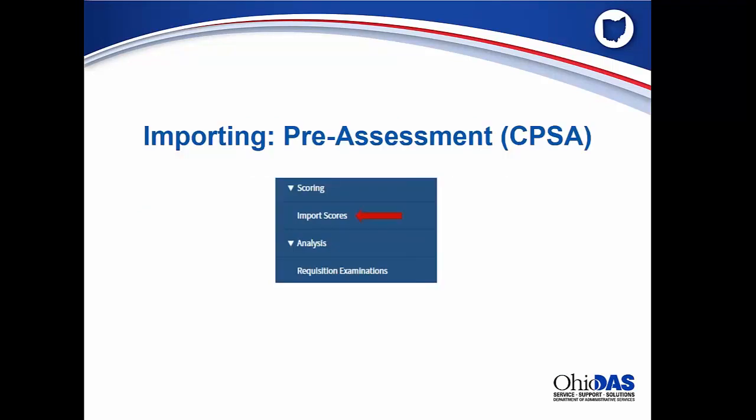So moving on to importing pre-assessment in CPSA. So thus far we've moved people to CPSA, we've scheduled them, we've checked their retake and expiration, and now we want to import relevant information such as scores to reuse, and if you choose, candidates who failed within the retake. And this is importing of candidates that fail within the retake period and candidates who have unexpired test scores.